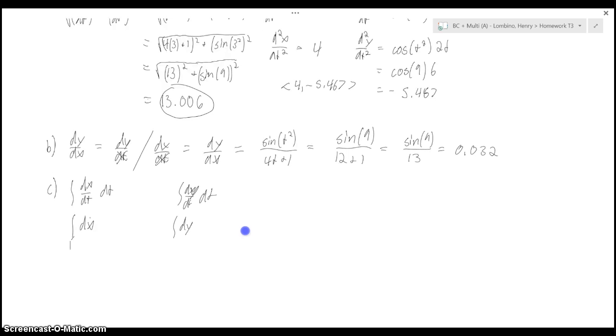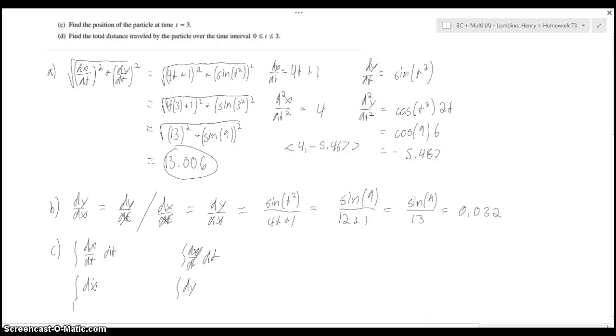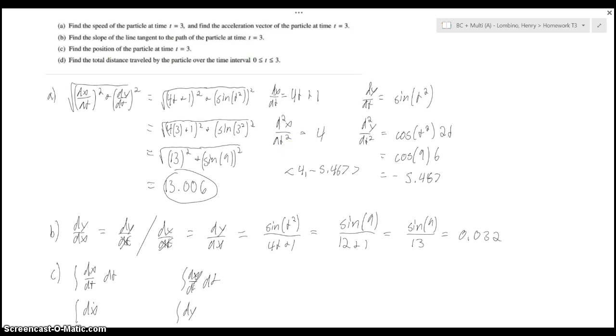All right, so we can just plug that into our calculator and be completely done, but we're not actually, because if you recall, when you use fnInt, you need a starting and ending value. Now the problem says find the position at time 3, so we know the ending point is going to be t equals 3. The start point is going to be 0, because we're going from 0.